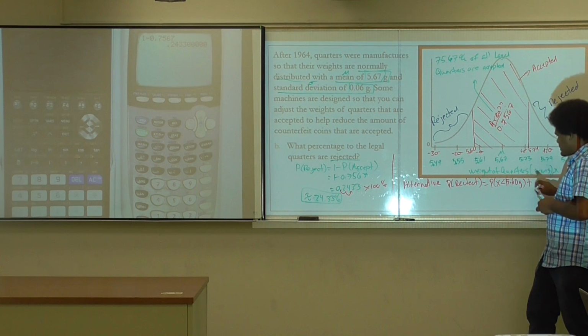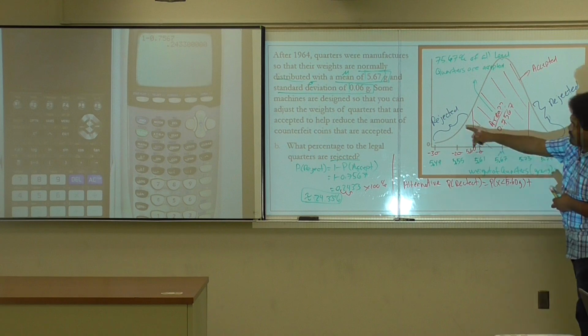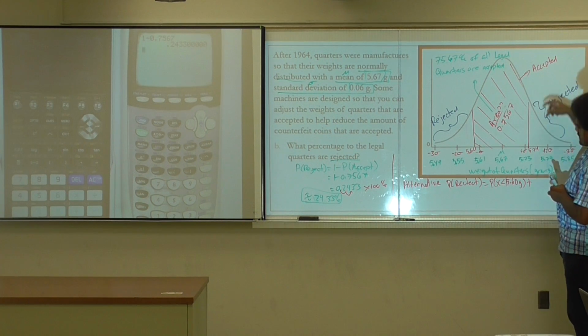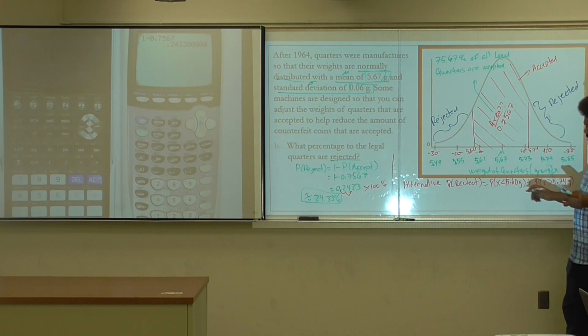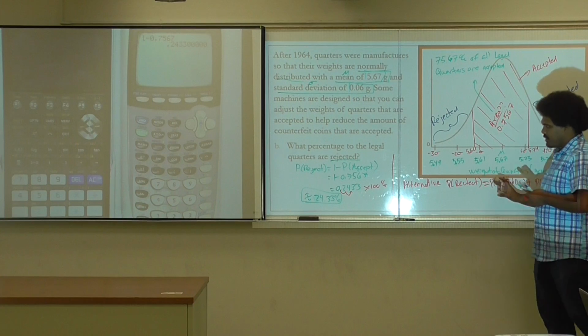Okay. Plus, because it's an or. Either it's here or it's here. The probability of that x being some value that's greater than 5.74. There's really a choice on how you want to do it.